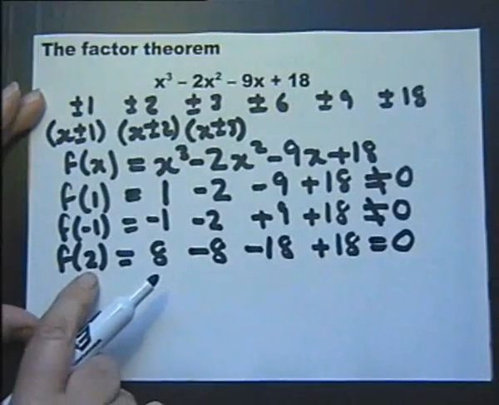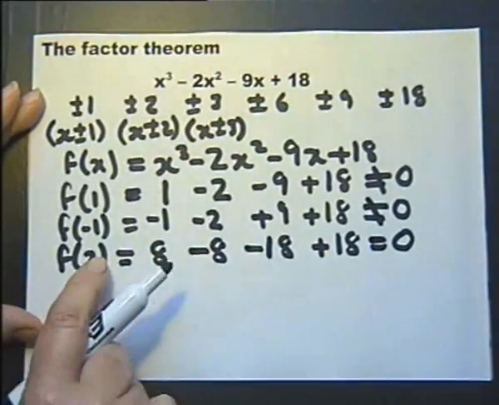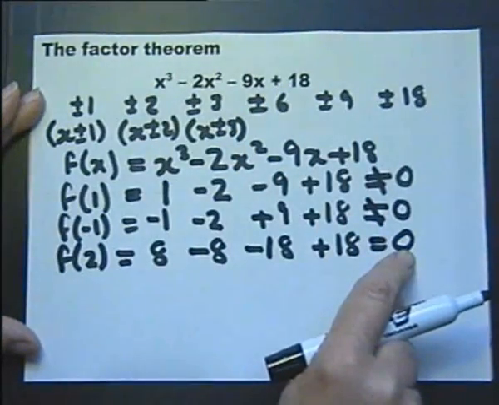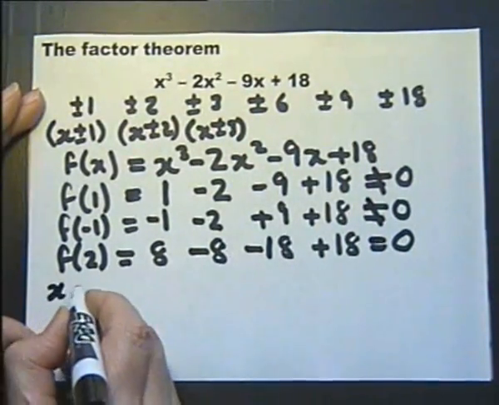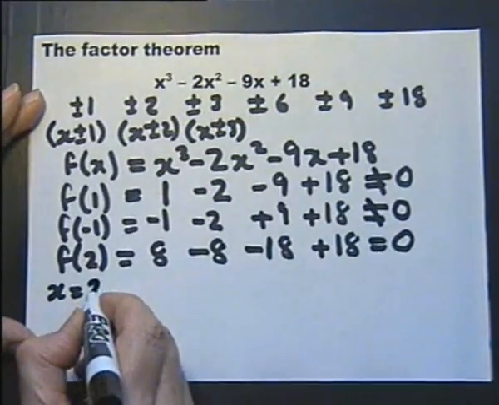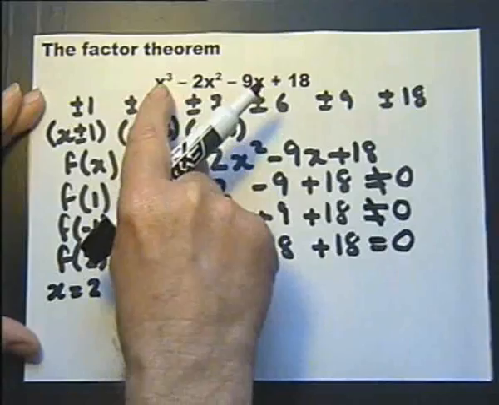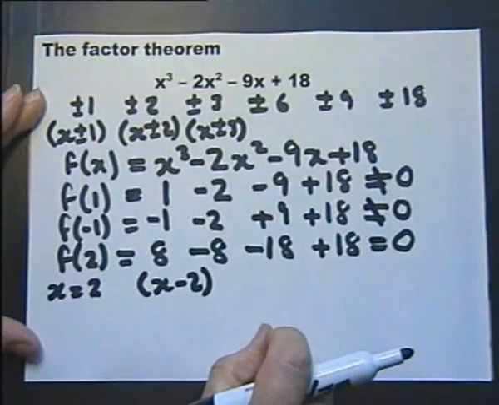So, because x equals 2, when substituted into this cubic, results in 0, it does mean to say that if x equals 2, then x minus 2 must in fact be a factor of that polynomial.